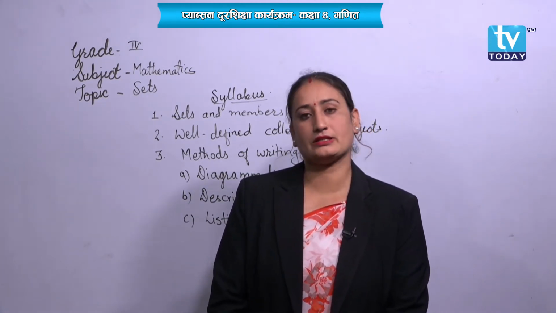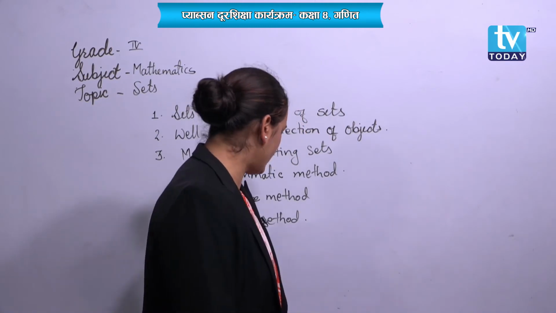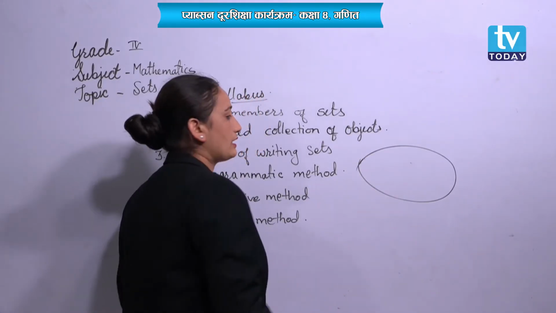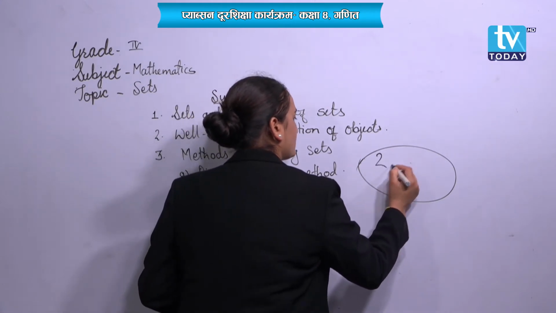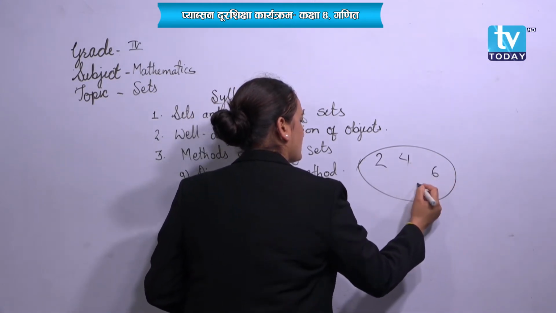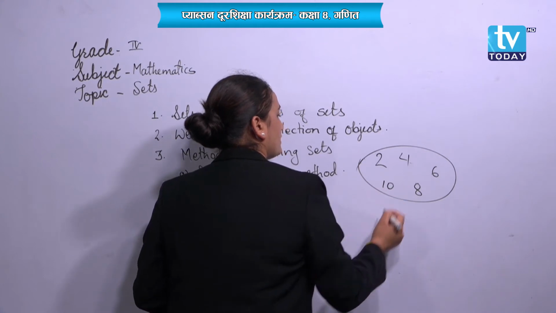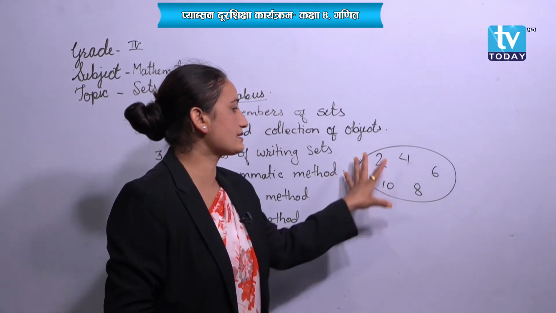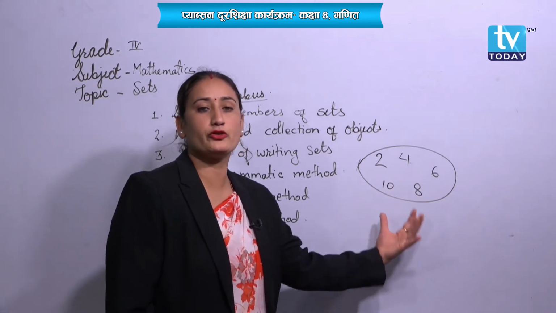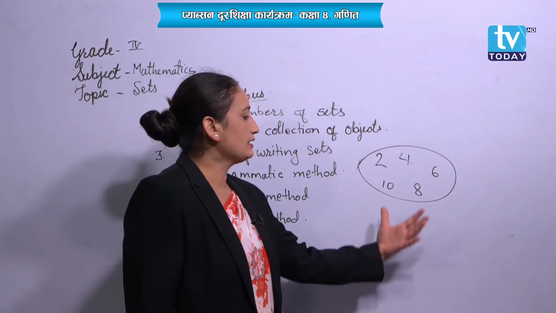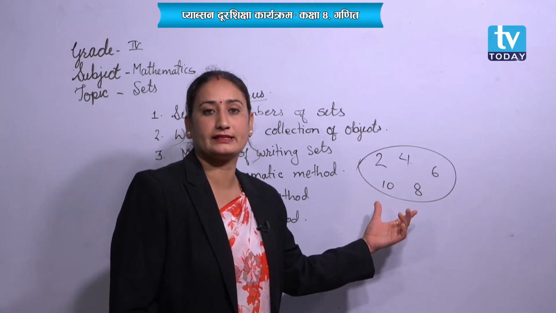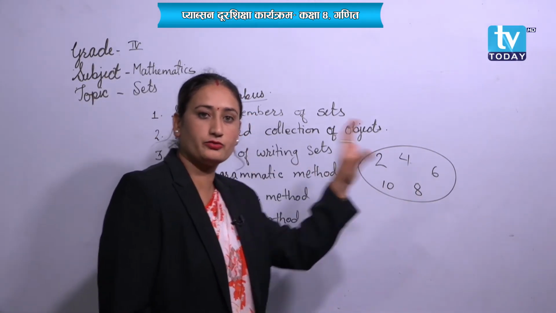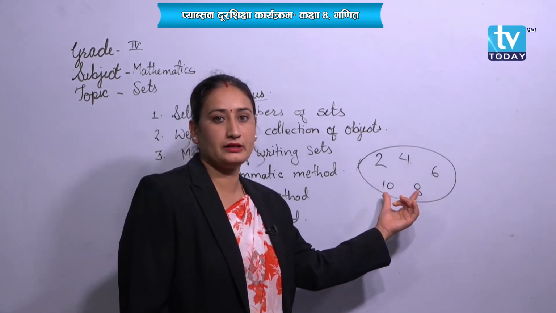Okay. So students, let's have a look over here. Inside this circle, oval, okay. Inside this one, if I write 2, 4, 6, 8, 10, can you tell me what this is? I have shown you from the figure, right? We call this the diagrammatic method, focusing through the figure.